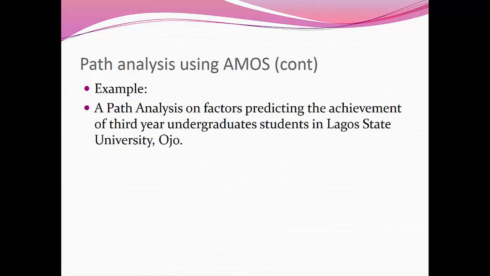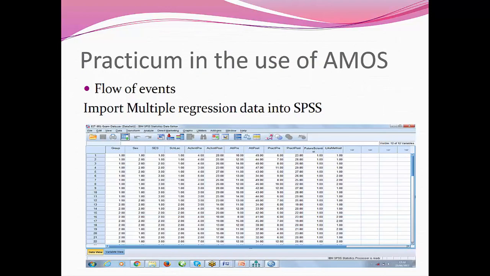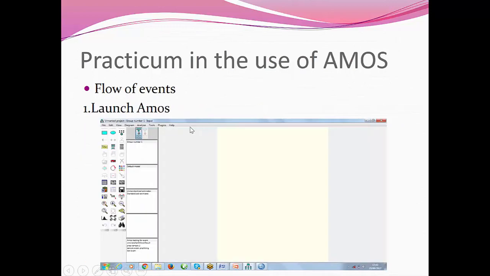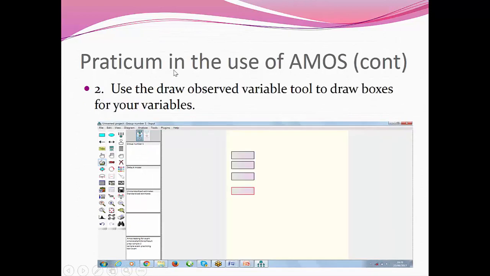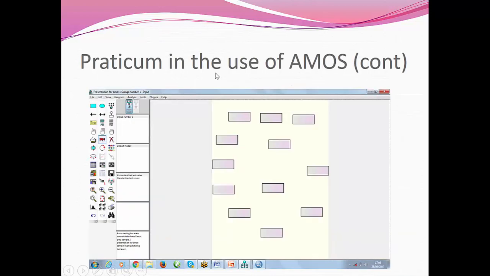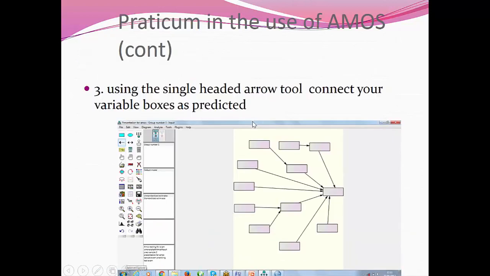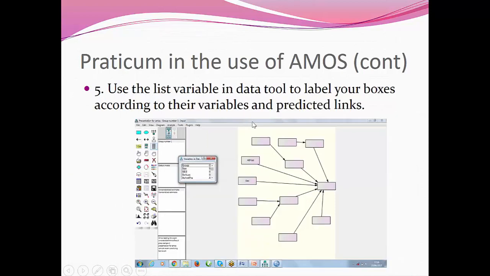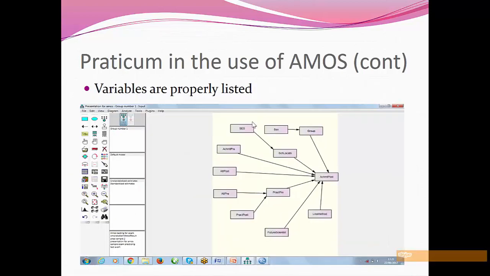Very good. On slide 11, we'll see that we need to import our data from SPSS. Slide 12, launch AMOS, which is the first thing you have to do. Then on slide 13, it tells you the next step. Slide 14, down to slide 21, whereby we have to make sure that we get our final path model.